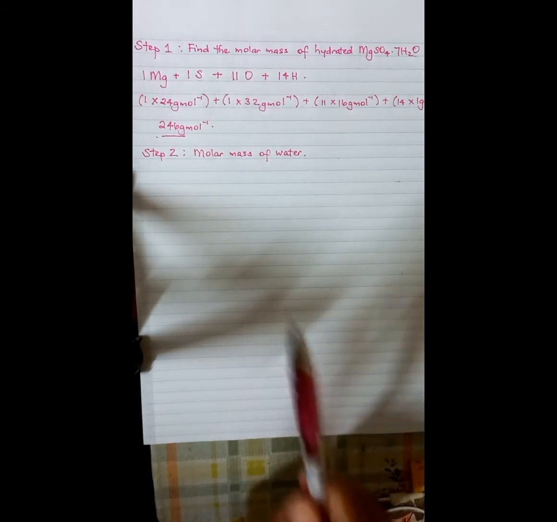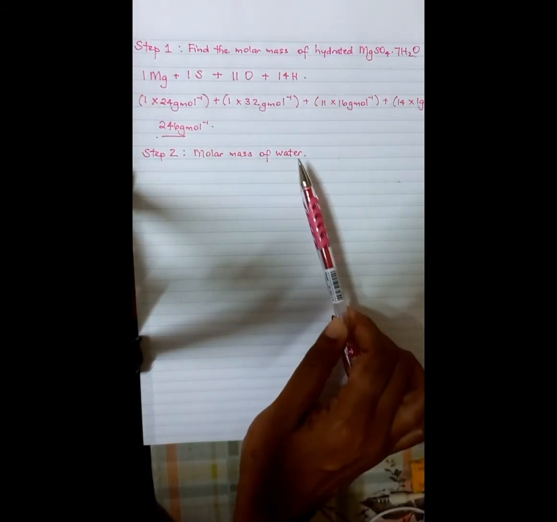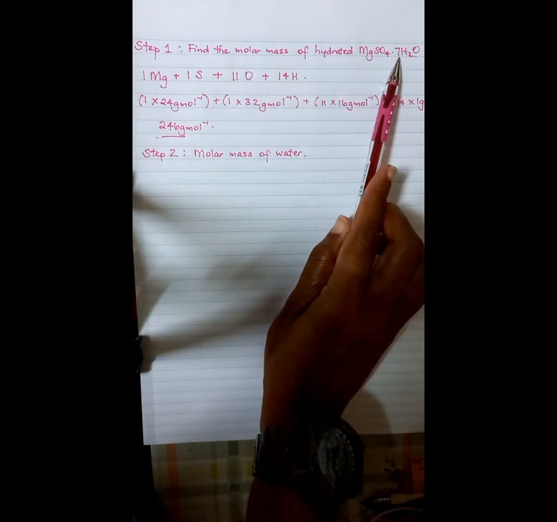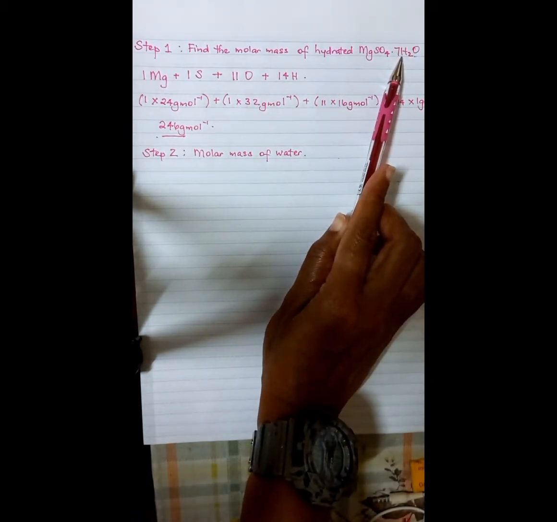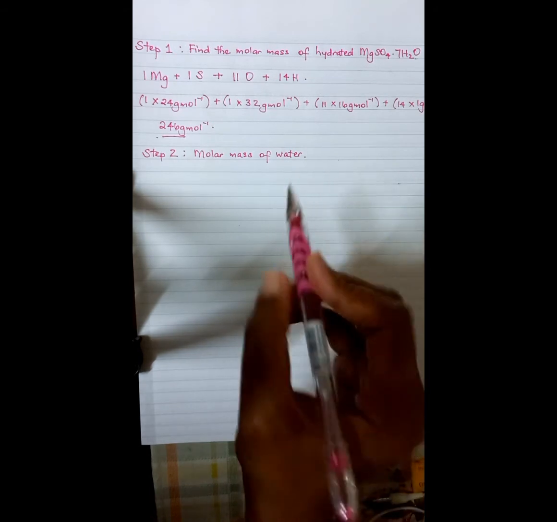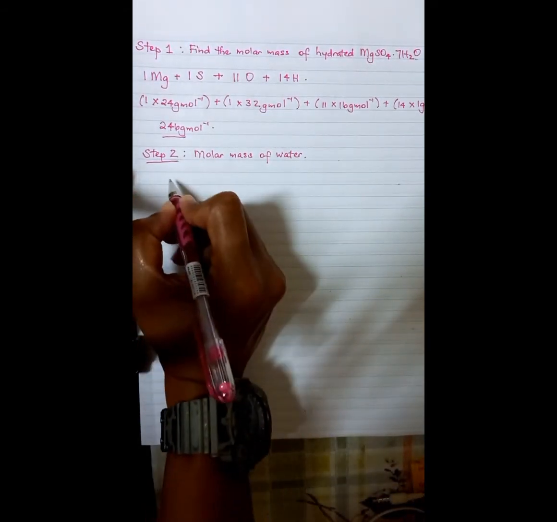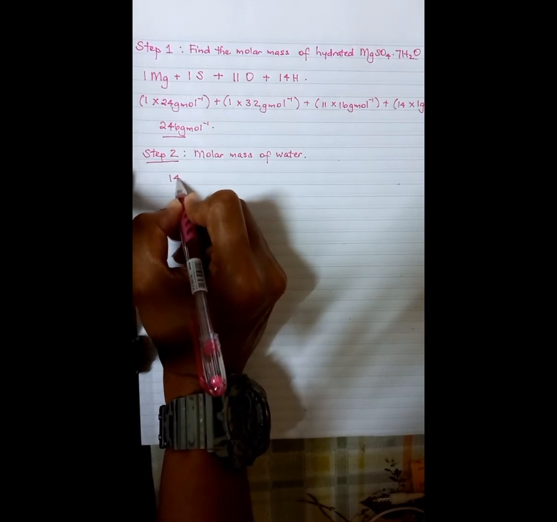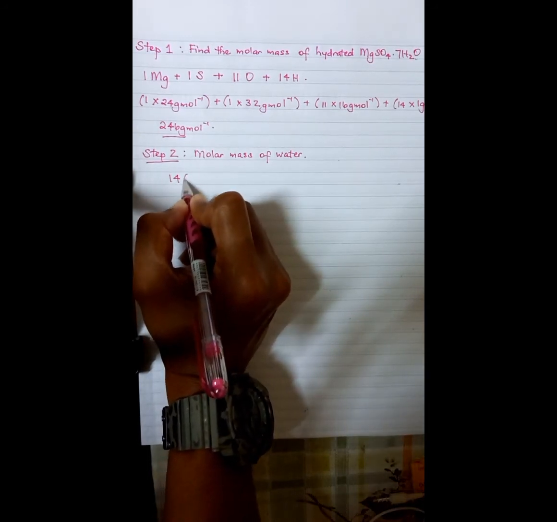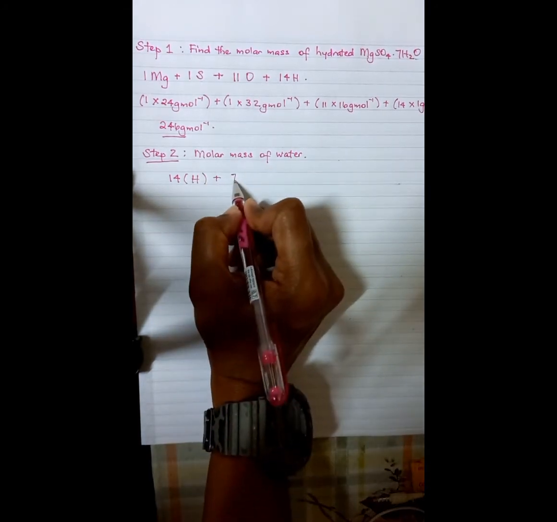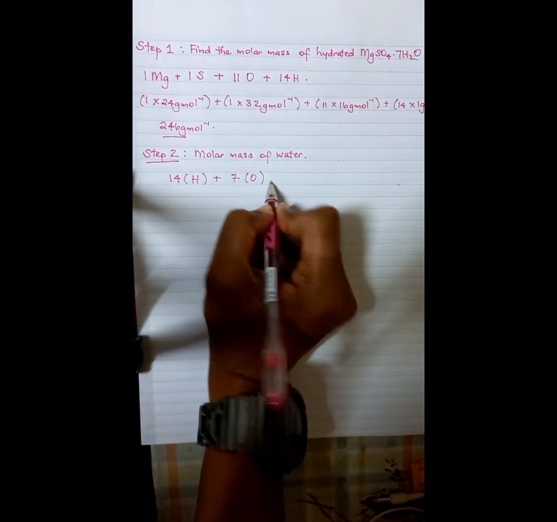The second step, students, is to find the molar mass of water. As we all know, the moles of water is 7. Therefore, we need to find the molar mass of water, which is 14 hydrogen plus 7 oxygen.